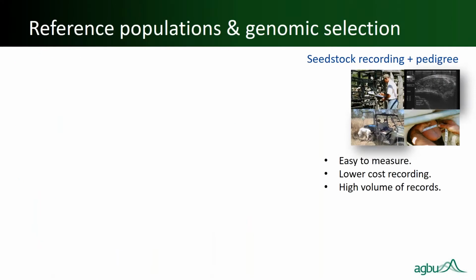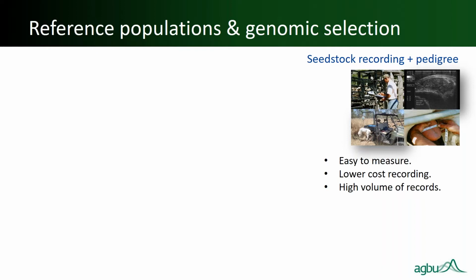To kick things off, it helps to understand how this notion of reference population fits into our genetic evaluation. As it stood before these ideas came along, we had seedstock producers within all of our breeds recording information on phenotypes, just the traits that we evaluate in the genetic evaluation. They were submitting that information along with pedigree information.